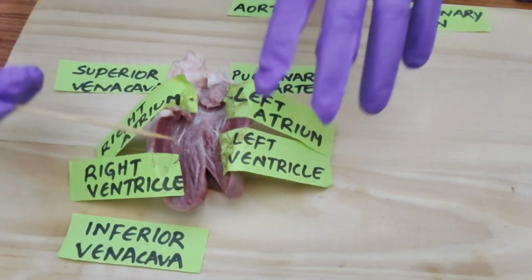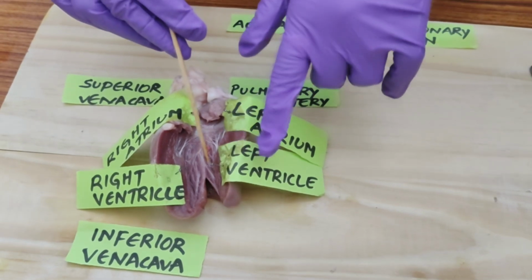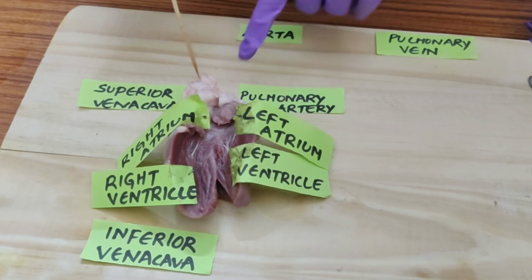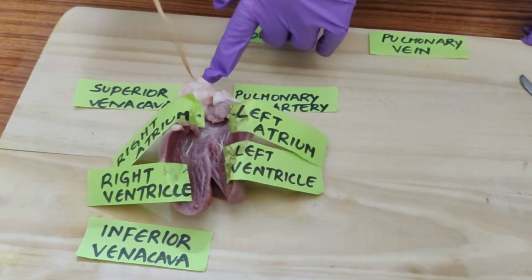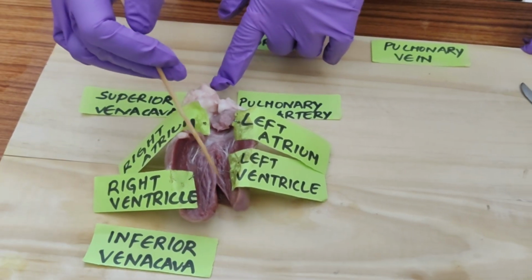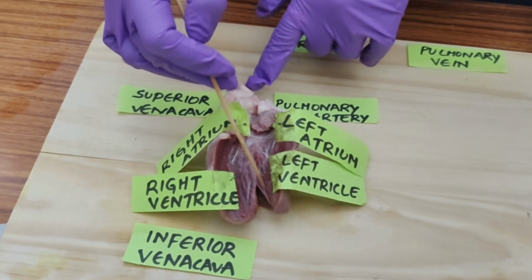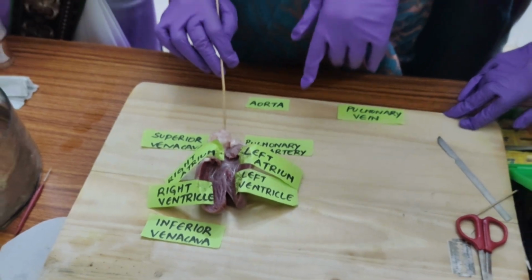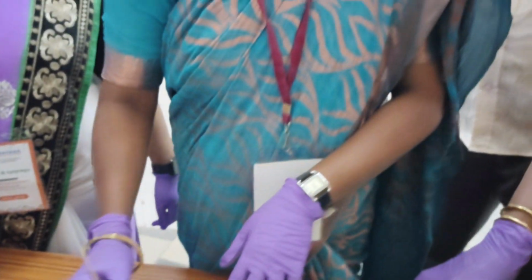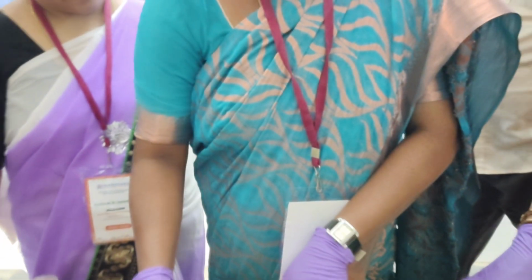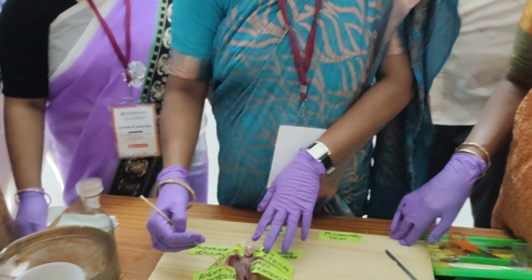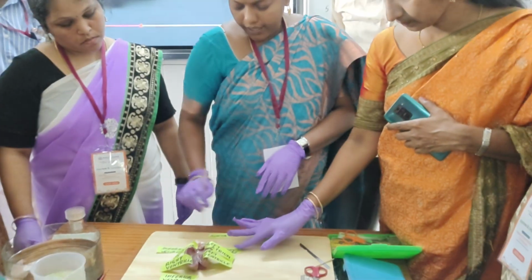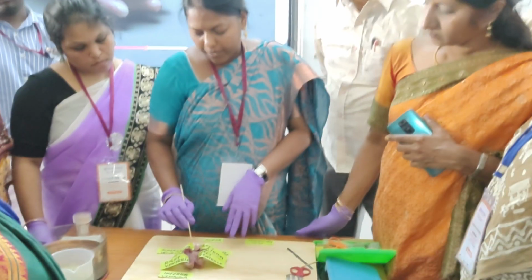So the blood collected from the left atrium, that is oxygenated blood, goes to the aorta. This is the aorta. The aorta collects oxygenated blood from the left ventricle and distributes it to all body parts except the lungs. And the right ventricle distributes the deoxygenated blood to the lungs through the pulmonary artery.